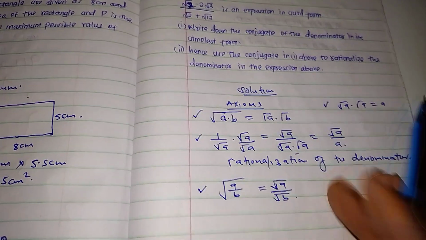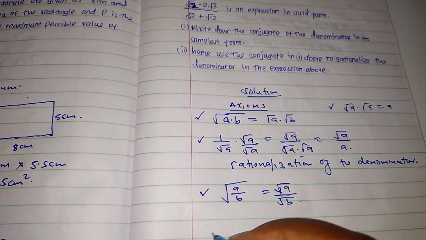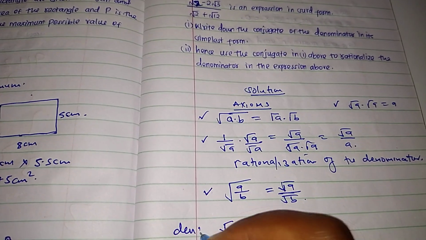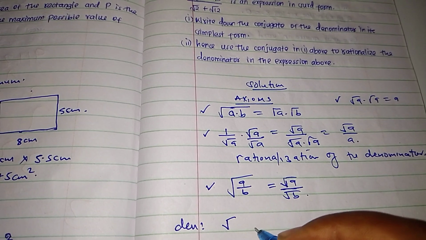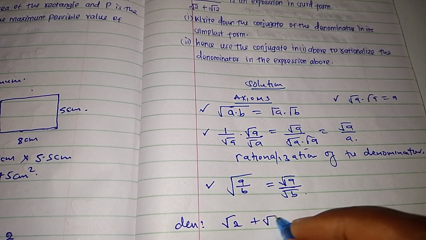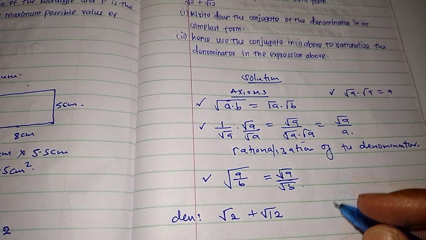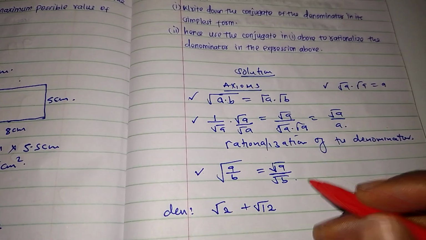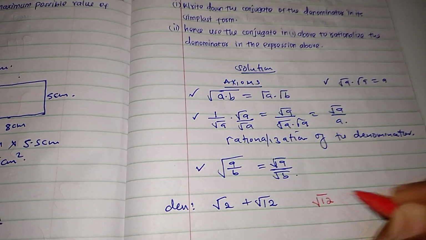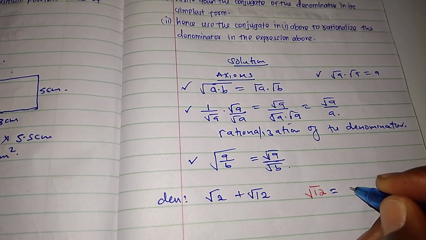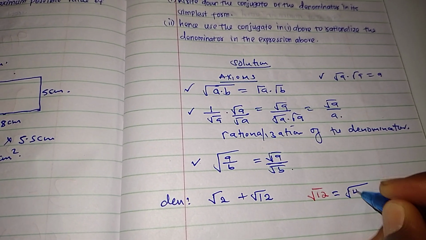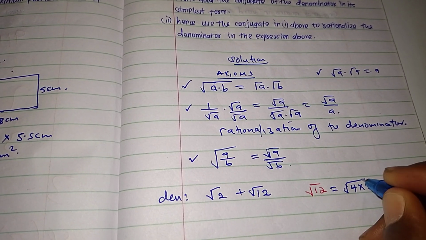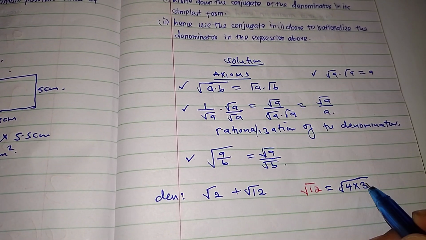The denominator we have is root 2 plus root 12. If you look at this part here, root 12 is the same as root of 4 times 3, because 4 times 3 is 12.